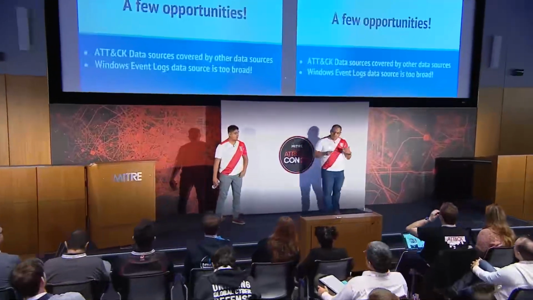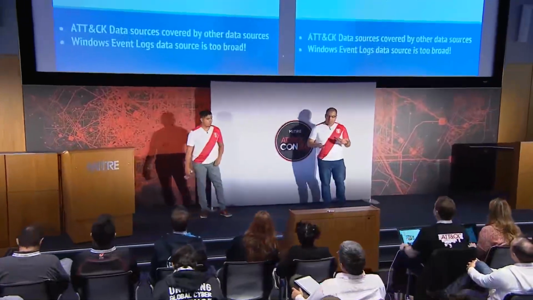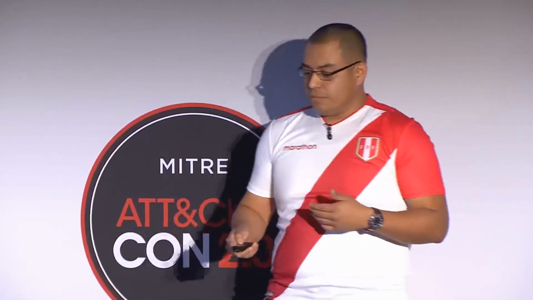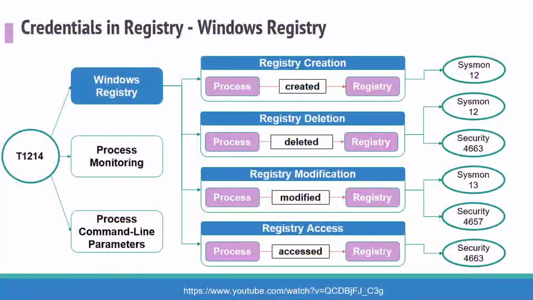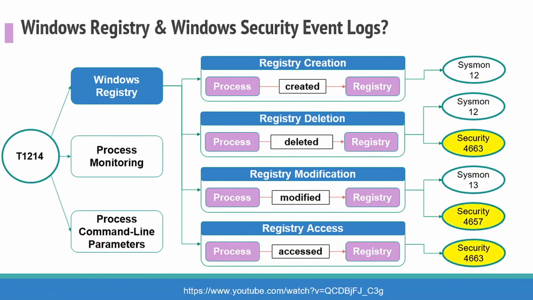So what do we mean by data sources covered by other data sources and event logs that are too broad? Let's take this example where you can see the credentials in registry technique. You can see the Windows registry data source is mapped to all those events on the right. Something very interesting here is that there are some events that are from Windows security event logs.